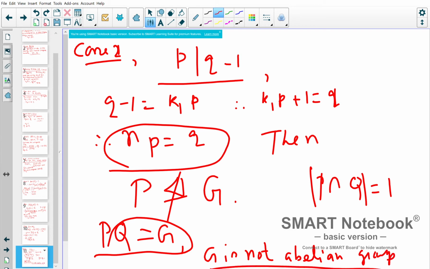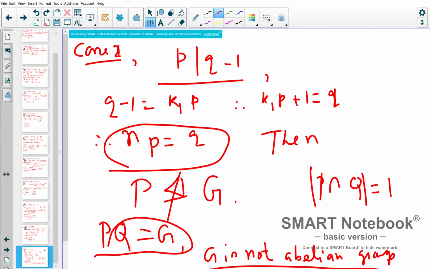I can give you hints. What you can do is find the centralizer of this capital Q in G, and you check that the centralizer is the full G if and only if that group is abelian. If it's not the full group G, then it's not abelian. You can check that. So this is the structure.